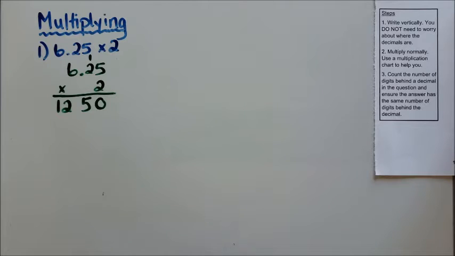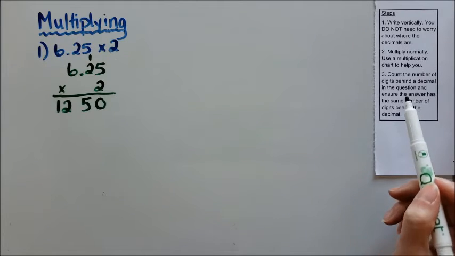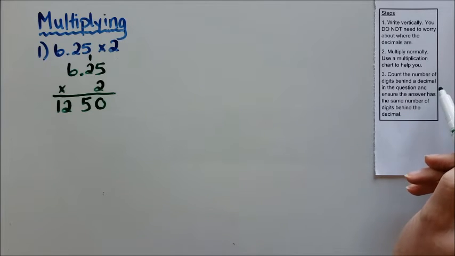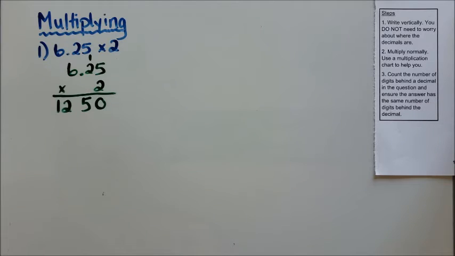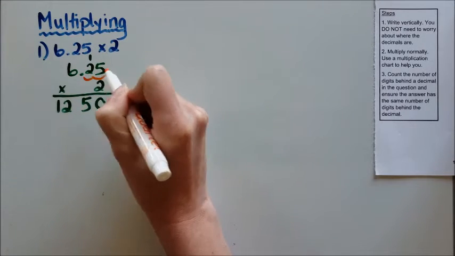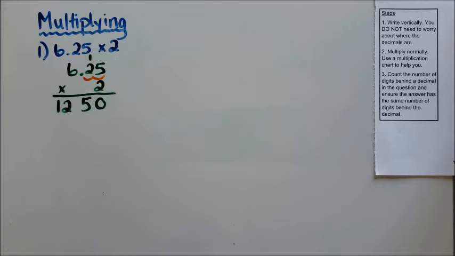This is where I'm going to go back to talk about this third step. The third step says, count the number of digits behind a decimal in the question and ensure the answer has the same number of digits behind the decimal. So I'm going to look at my question and I have 1, 2 numbers that are behind the decimal.